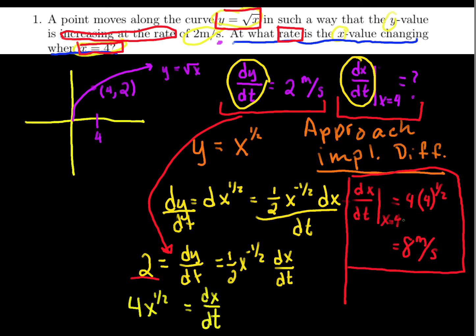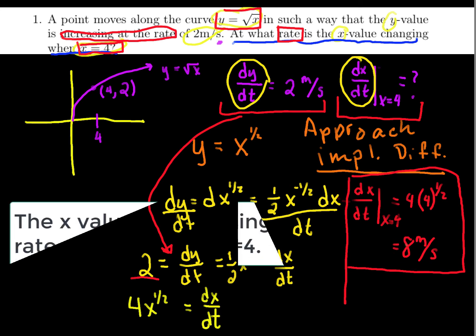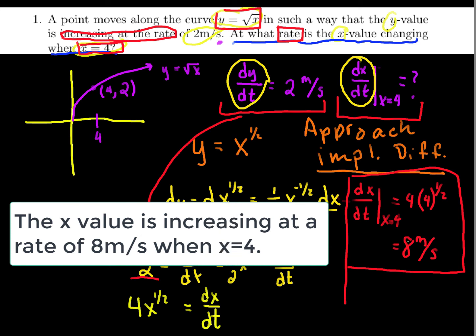But again, what I would be looking for in an exam is that your final answer would be something like, the x value is changing or increasing at a rate of 8 meters per second when x equals 4. But again, I don't want to bore you with me writing that all out, so I'll say it verbally, but remember that you will want to write your answers in complete sentences.